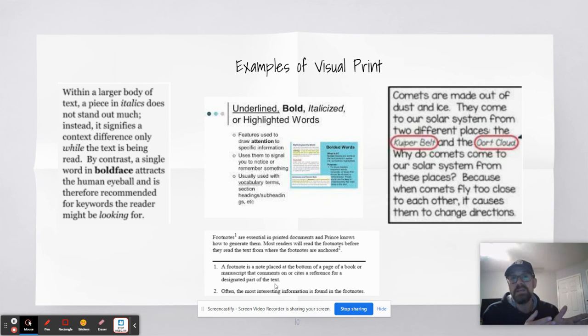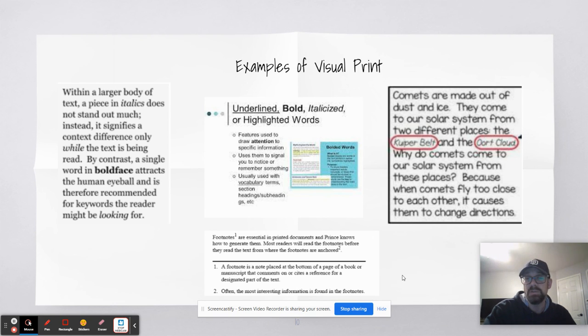It also can give you definitions, or more information that the author didn't want to put in the main body of the text to break up the flow of your reading, but if you wanted to skip down and know more, you can. Often the most interesting information is found in footnotes. Sometimes authors, especially as you move forward and get into novels, will have little side stories or little anecdotes along with it.